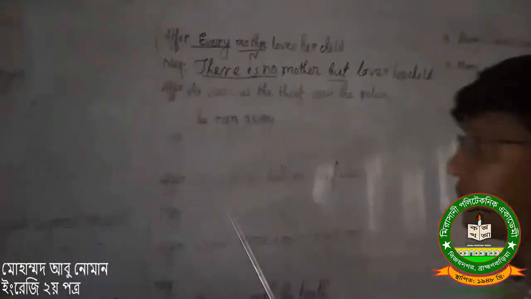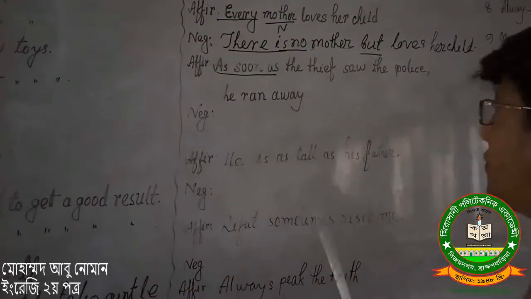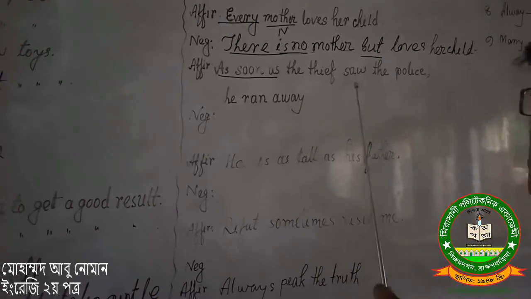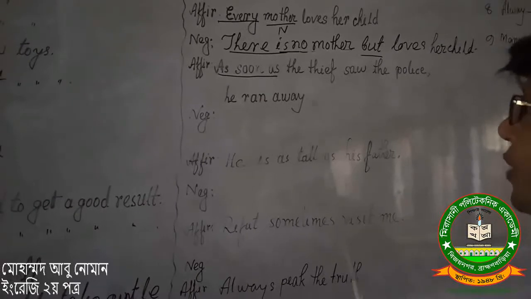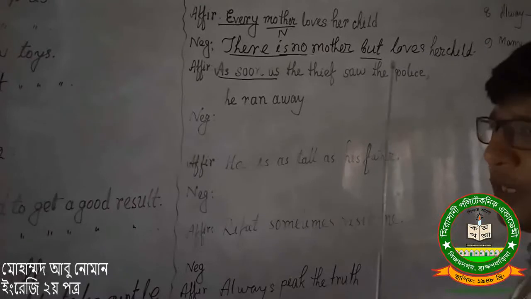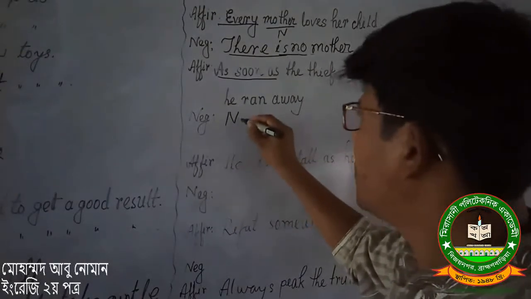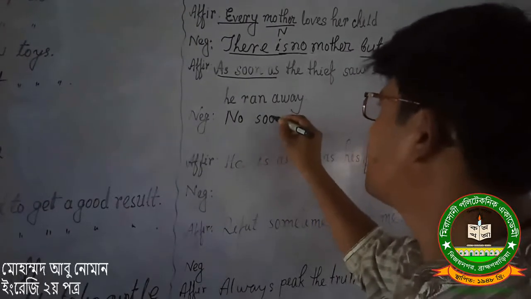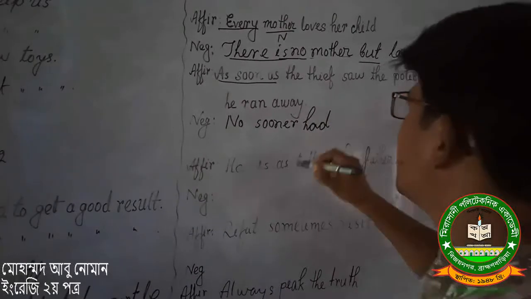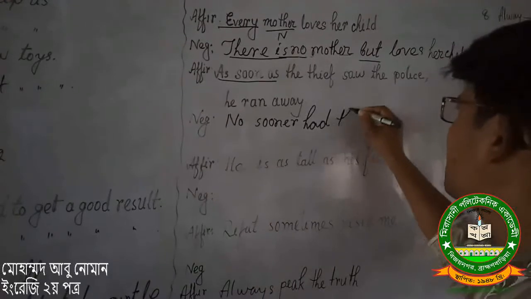Follow the example here. As soon as, I found in this sentence. This is an affirmative sentence: as soon as the thief saw the police, he ran away. If we make it negative, we will first write no sooner had, then the subject of the sentence, the thief.